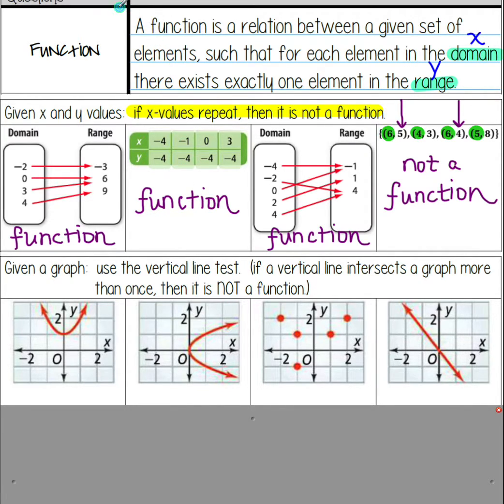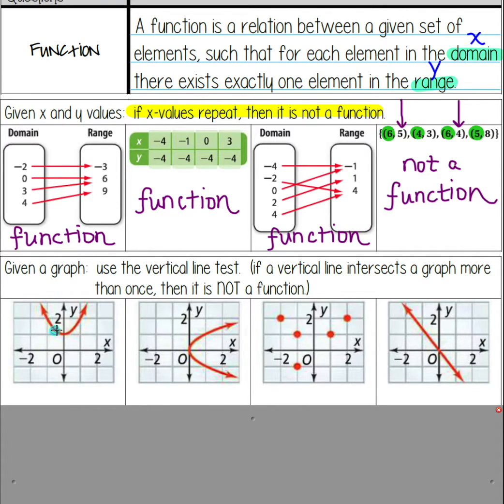One thing I want to stress is that it's really important that you use more than one vertical line, because you will encounter some graphs that, if you place the vertical line in one particular place, look like a function, but if you keep testing that graph with a vertical line, it ends up not being a function. So make sure that you use more than one vertical line. You can use the edge of a piece of paper or your pencil to determine if the graph is a function.